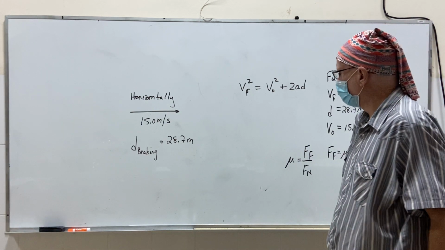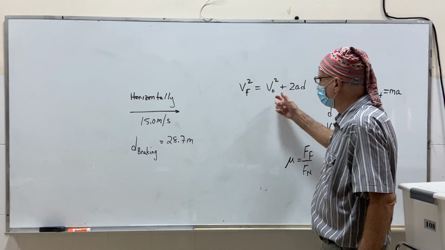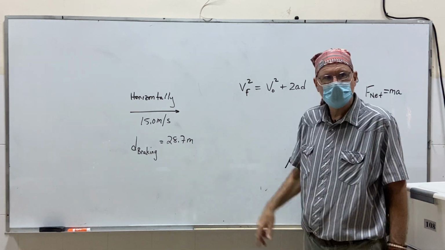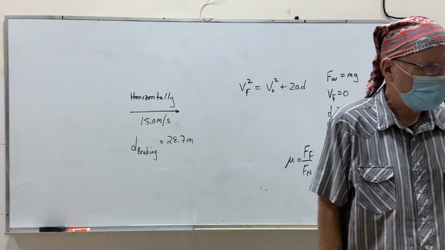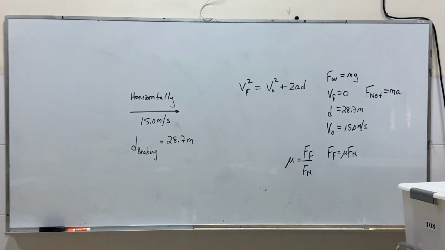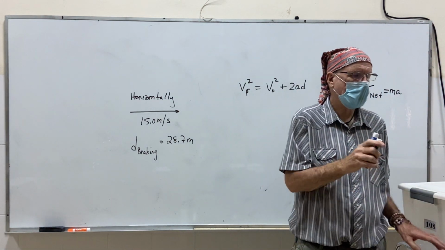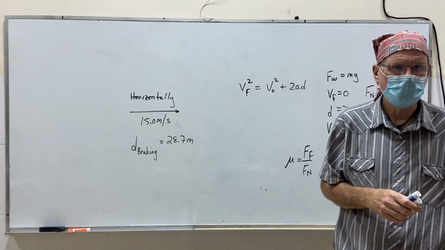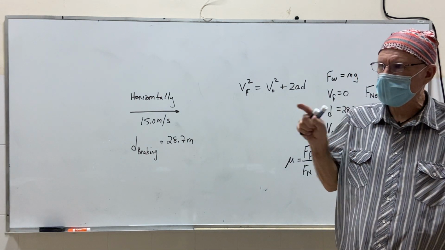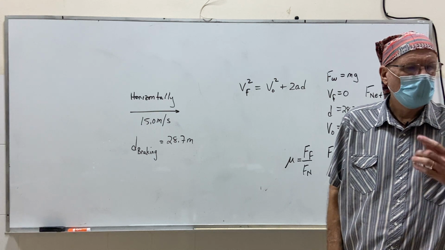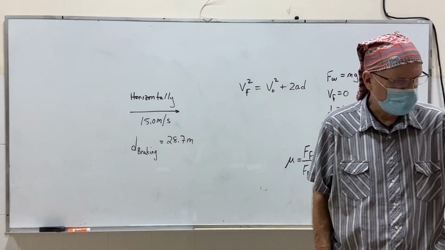There's an equation right here which I can apply that will tell me what my deceleration was. Not my acceleration, my deceleration. My negative acceleration. Why am I saying this? Let me read the problem.